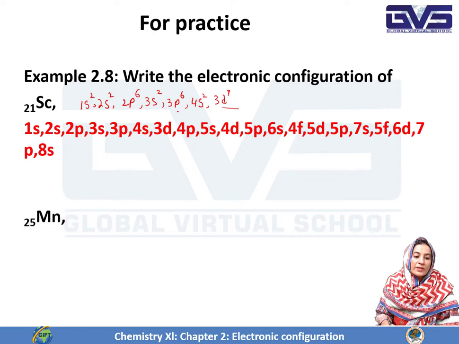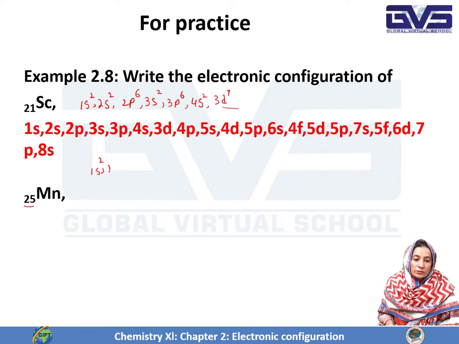Similarly, like we have manganese, its atomic number is 25. Now write again, it's 1s2, 2s2, 2p6, 3s2, 3p6, 4s2, and now 3d5.